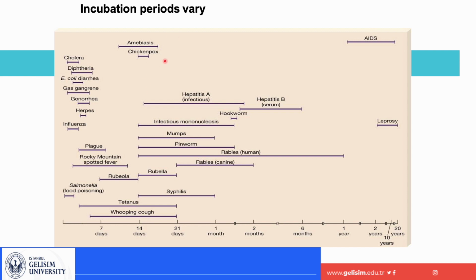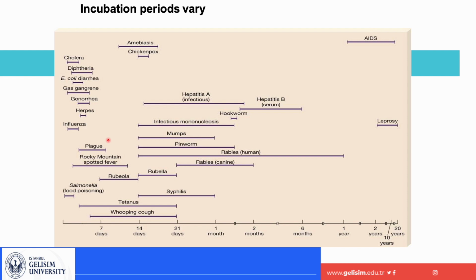Again, over here they're showing, for different types of pathogens, how long the incubation period is. As you can see, different pathogens have different incubation periods. Some of them take up to 3 weeks. Others are much shorter, it could be a week or a couple of weeks, as in the case of rubella, a week to 2 weeks. For flu, it's less than a week, about 3 or 4 days to incubate.